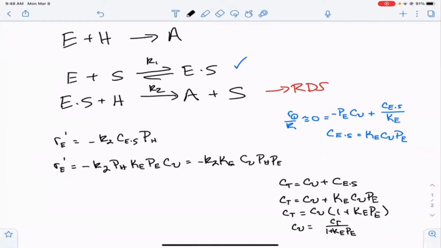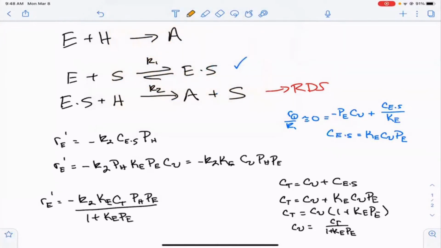So let's make that substitution into our rate law, where we're going to plug CV in there. If we do that, RE prime equals minus K2 times KE times the total number of sites times PH PE divided by 1 plus KE times PE.